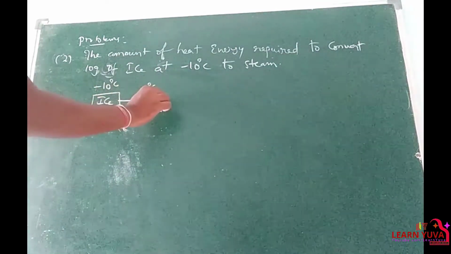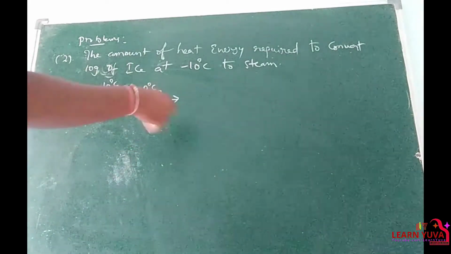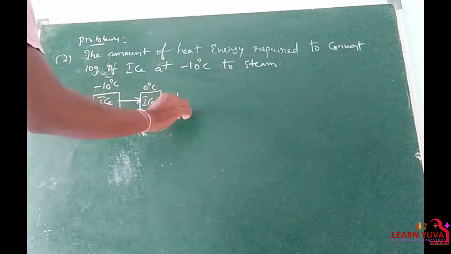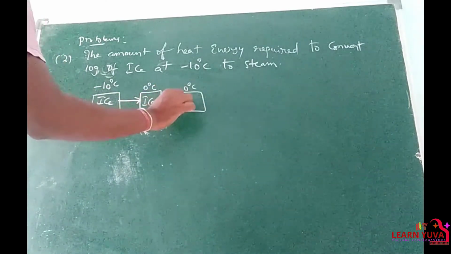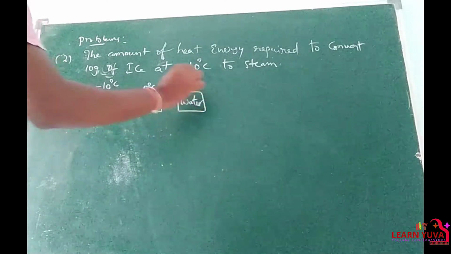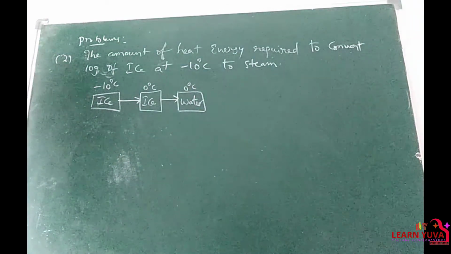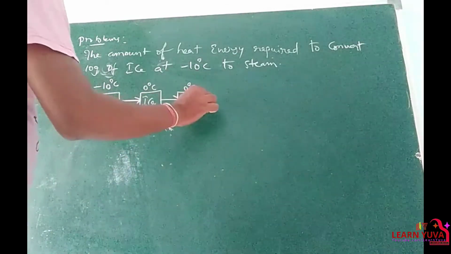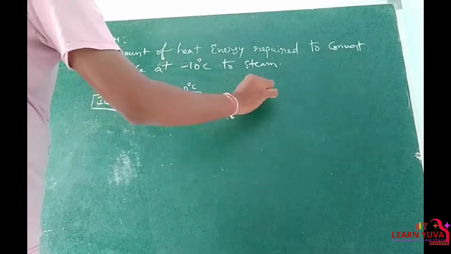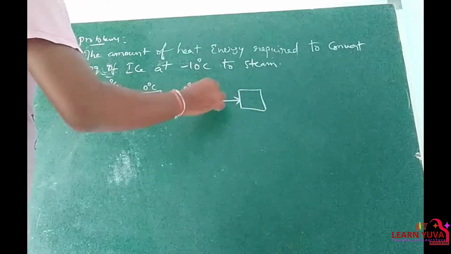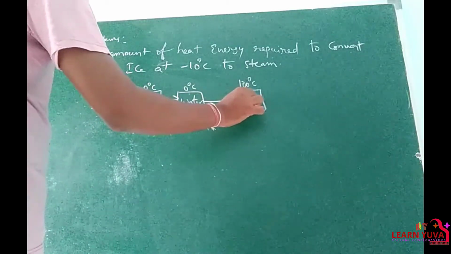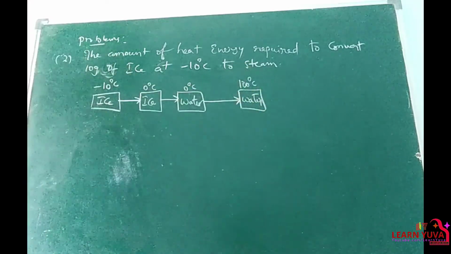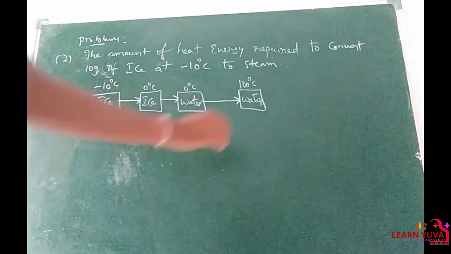Then even if we give heat at 0 degrees Celsius, this ice gets converted to water. Then by giving the heat energy, the temperature rises up to 100 degrees Celsius, the state does not change, water only.